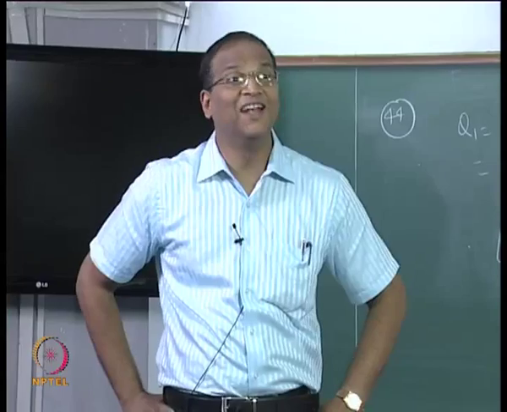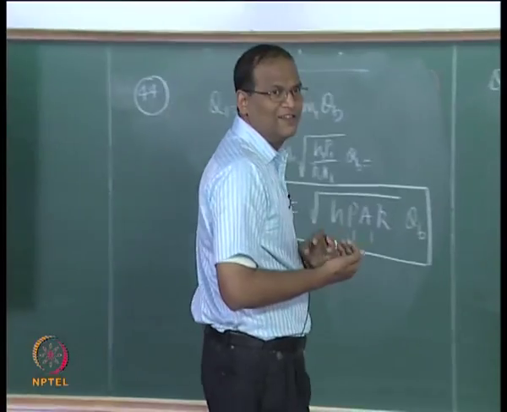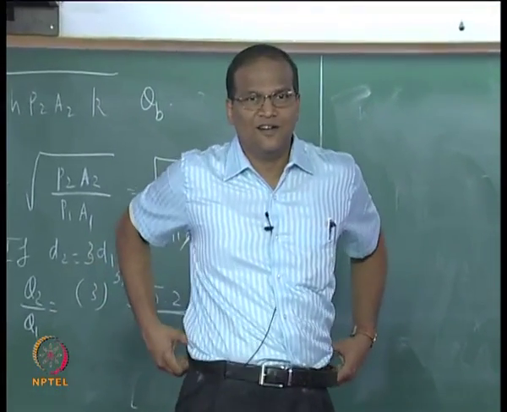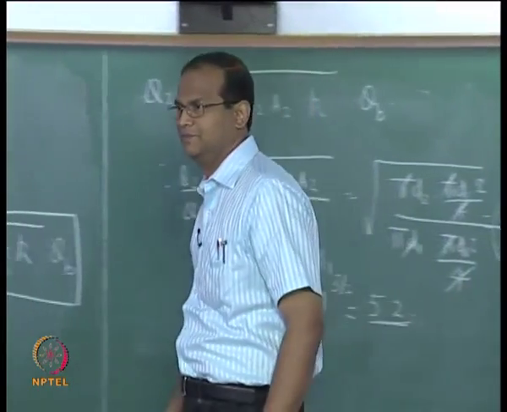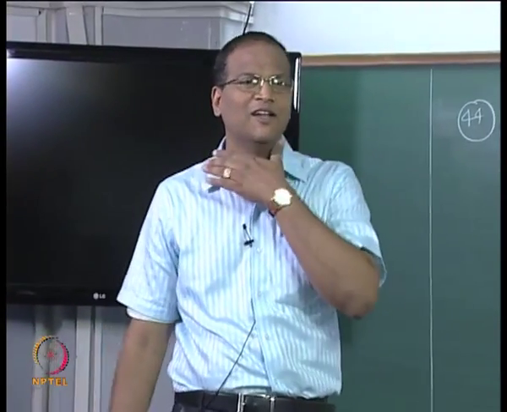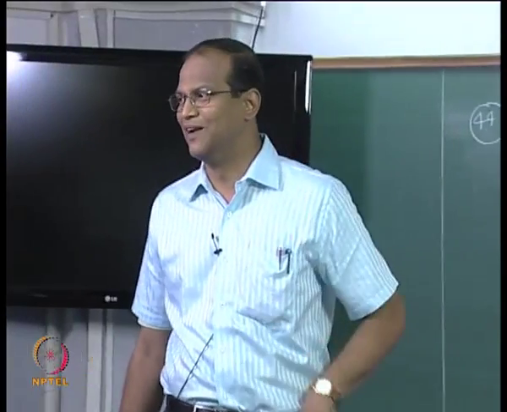So if you have hundreds of fins, it is not commensurate. Just because it is 5, it is very good, but the fins have become thicker and they may have become heavy. So there is a penalty associated every time you try to do something.